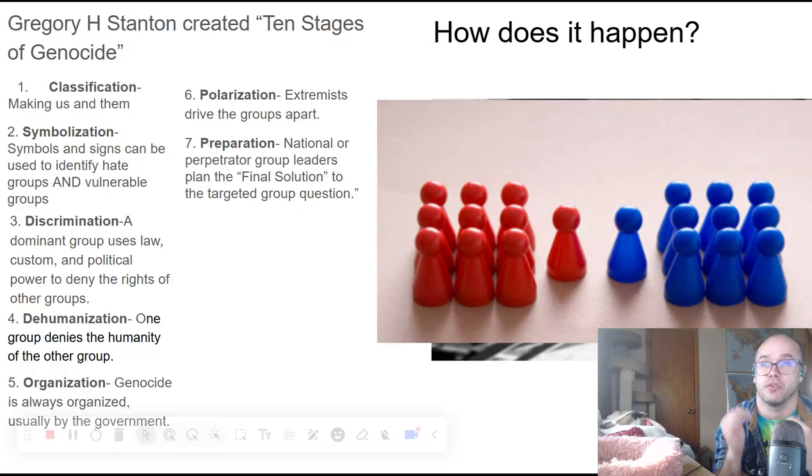Once we have this organization and polarization present, the groups in power start talking about and planning a final solution to the blank question. In the 1930s and 40s, it was the Jewish question in Germany and Europe. That is an example of that.